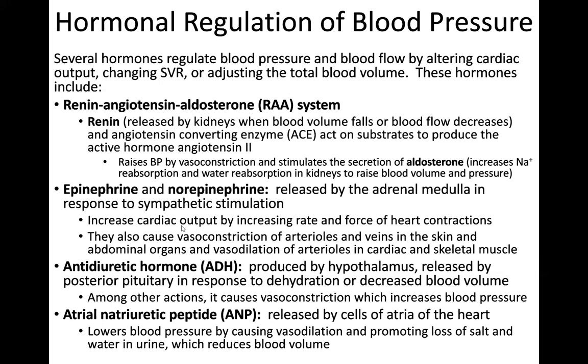They trigger increases in cardiac output by both increasing heart rate and contractility. Okay, any increase in cardiac output, as we've said, increases blood pressure. They also produce vasoconstriction, and I've said it before like this, which is kind of misleading, but I told you guys that epi and norepi produce widespread vasoconstriction.